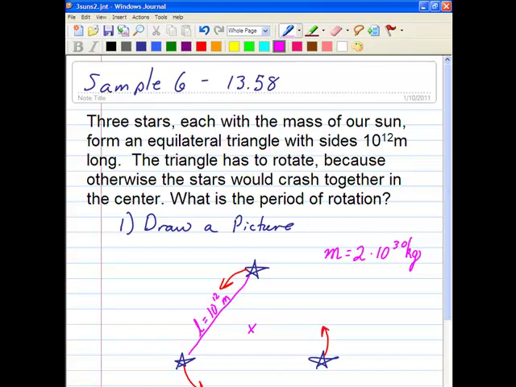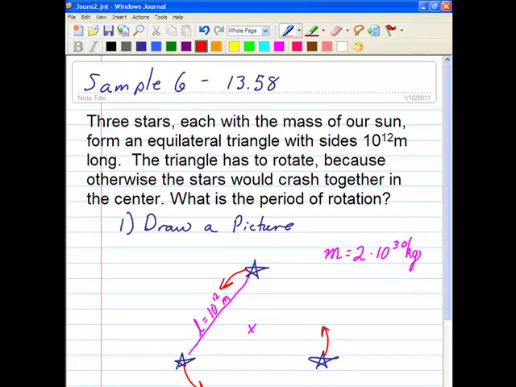Gravity is always an attractive force, and so that upper sun is being attracted to the 2 lower suns. Every free body diagram should, of course, have a coordinate system. Let's label our forces. Each one of these is going to be a force due to gravity.